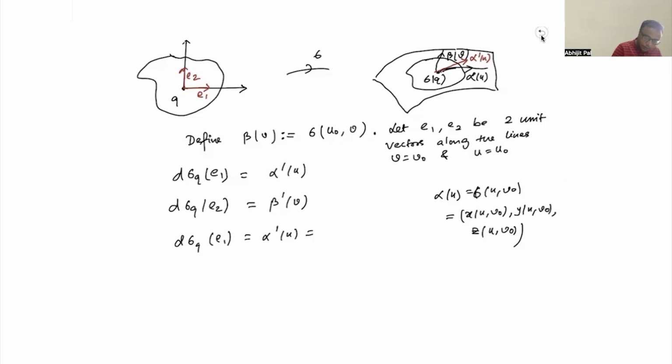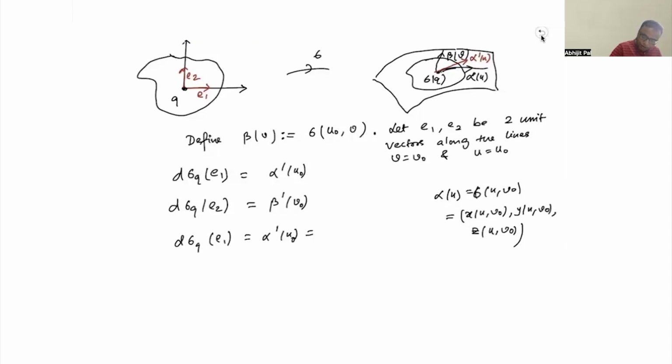Here, note one thing: I have taken d sigma E1. This E1 starts from this vector q. So this will be alpha prime u naught. Similarly, d sigma E2 will be beta prime v naught.